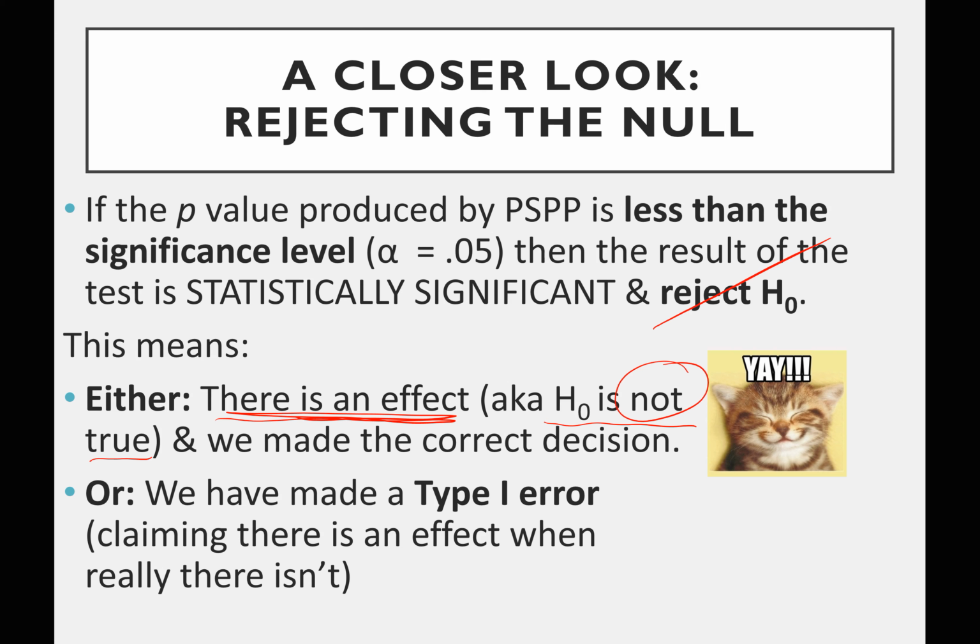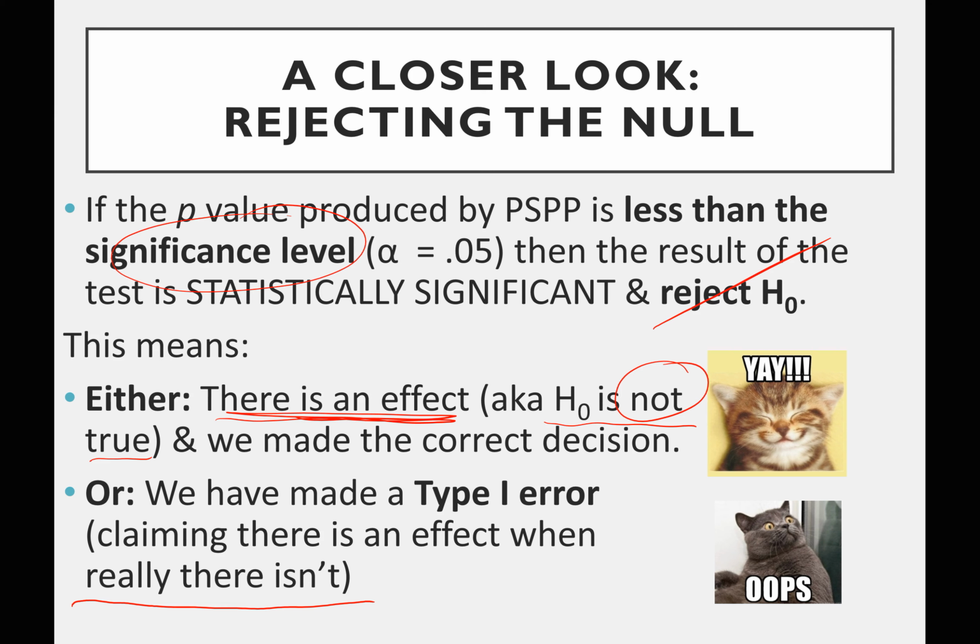A type 1 error is where we say, I found something. There is a significant effect. There's a significant difference. There is a correlation. But really there's not. So just because we get a significant result does not guarantee that there really is an effect. We could always be making this mistake, a type 1 error.